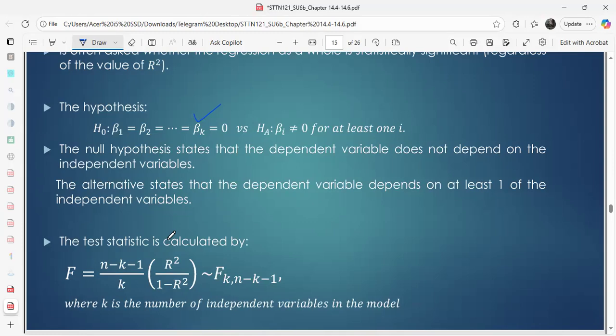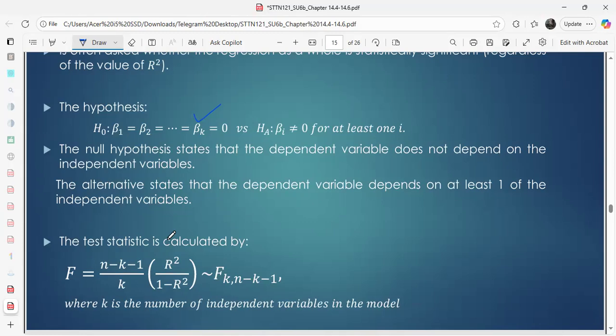If you have the two or three of them, you know how to interpret. You write down the notes. You also know how to find the adjusted coefficient of determination. You need to know the value of n, the value of k, and the value of the coefficient of determination.